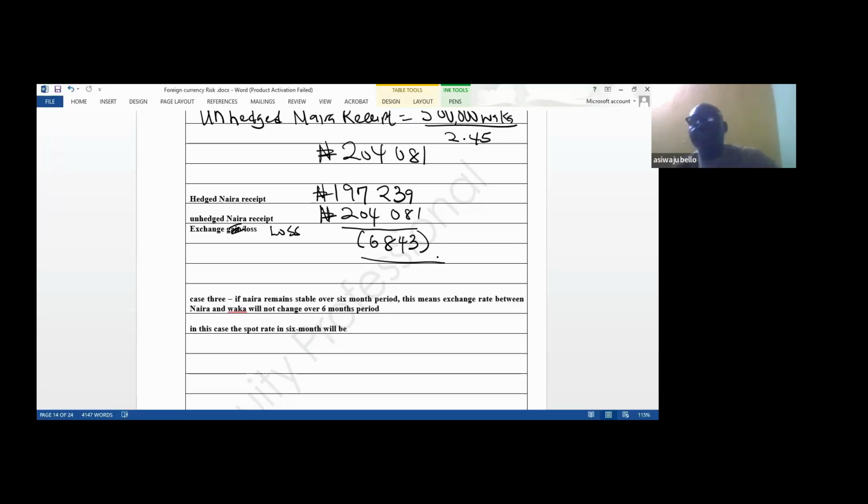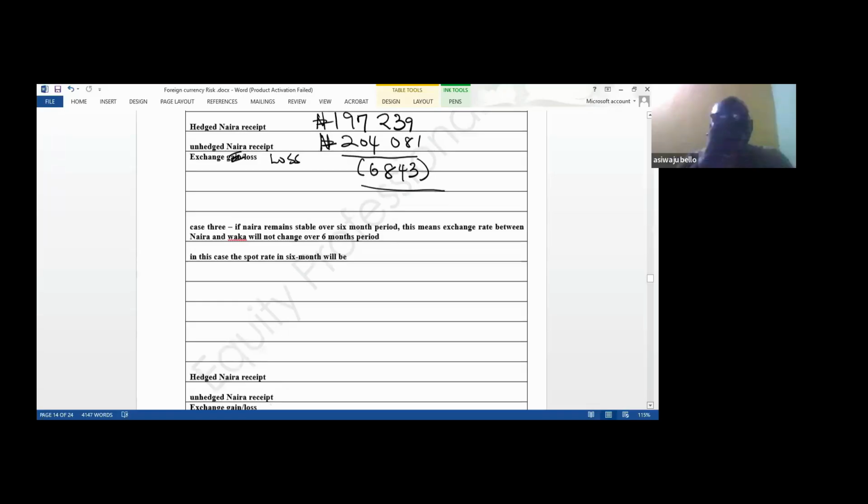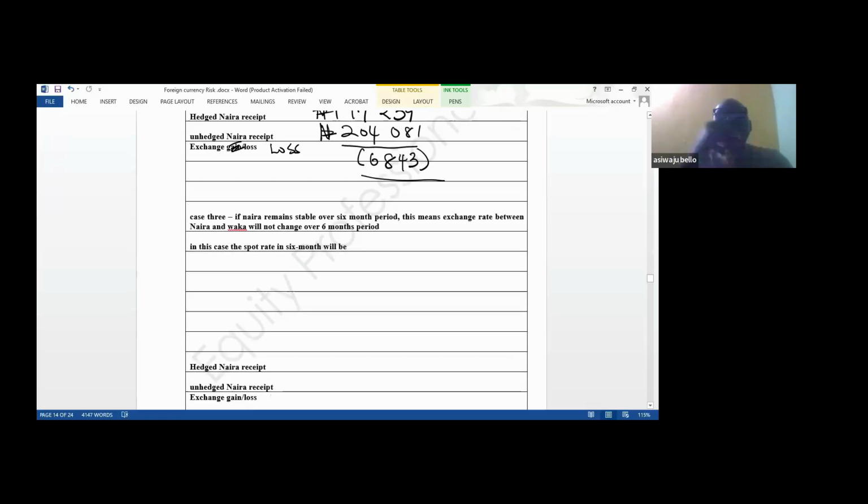Case number 3. If naira remains stable over a 6-month period, this means that the exchange rate between naira and waka will not change.